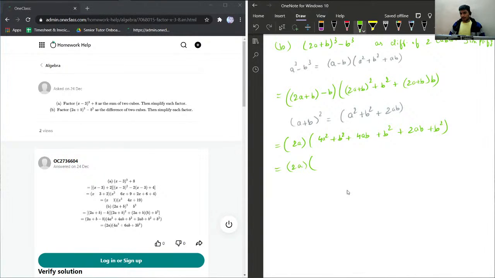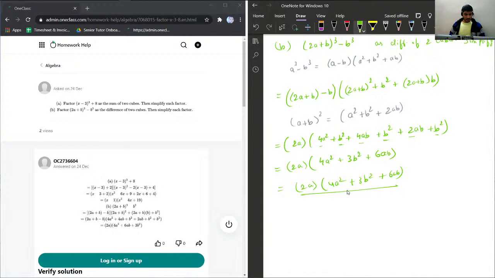Now I will first write this 4a² because there is no other a² term. Then I will go for the b² term. We have 1, 2, 3, so 3b². Then we have the ab term, which is 2 plus 4, it is 6ab. So the final expression we are getting after simplifying is 4a² + 3b² + 6ab.